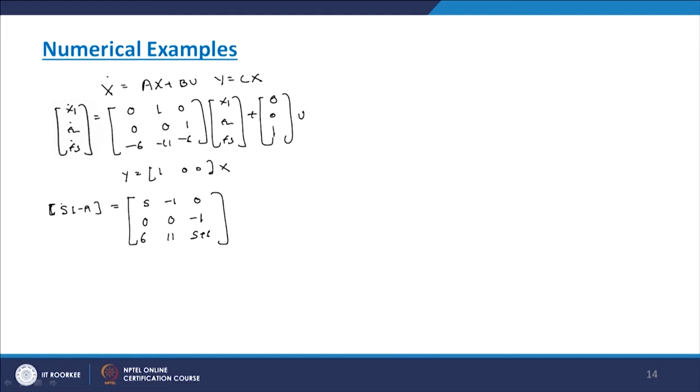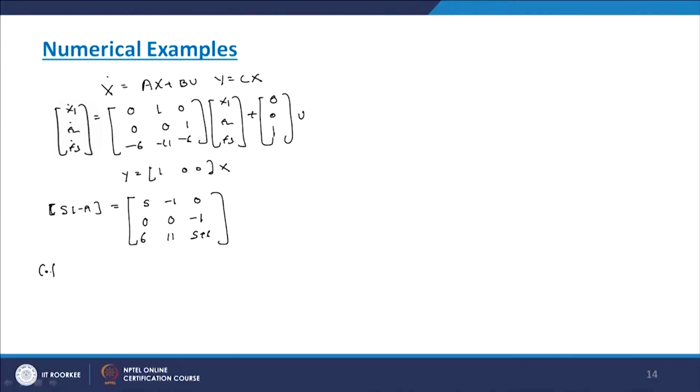Now, what is the next step? We want the cofactor of this sI minus A. So, how do you write the cofactor? This is s minus 1 0, 0 s minus 1, 6 11 s plus 6.